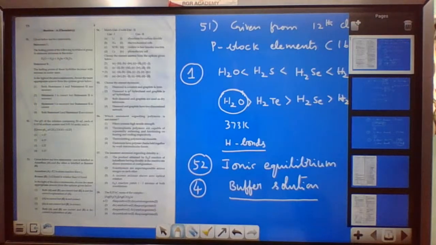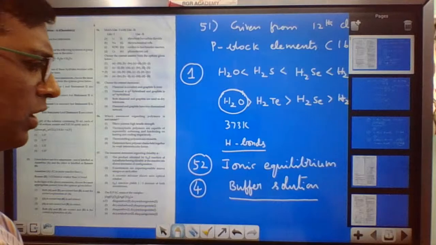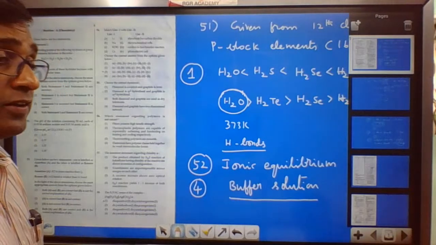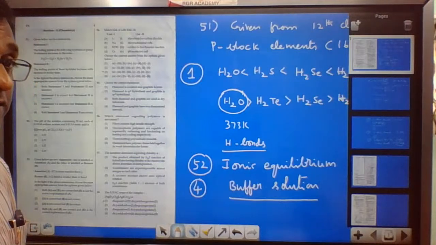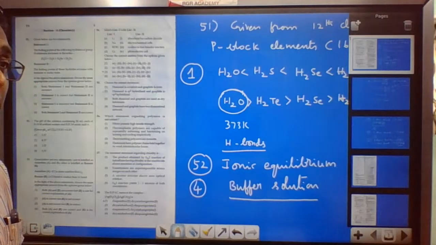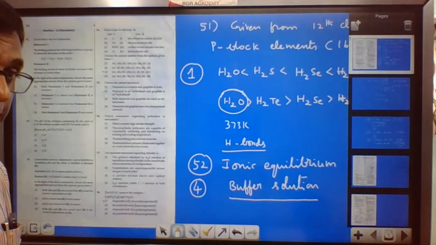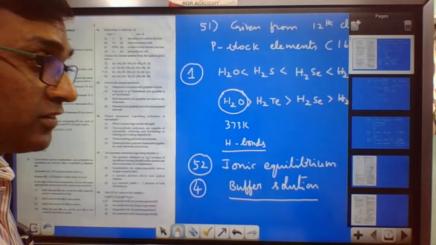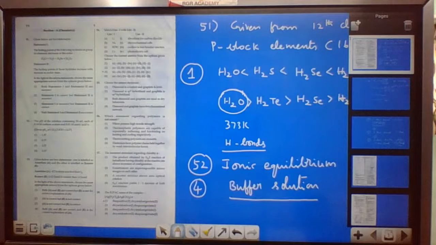Wrong. Both are covalent. We have already studied this while discussing the solid state, in covalent solids. We discussed that in the solid state, diamond, graphite, silicon carbide, silicon dioxide are all covalent solids. So that is wrong.